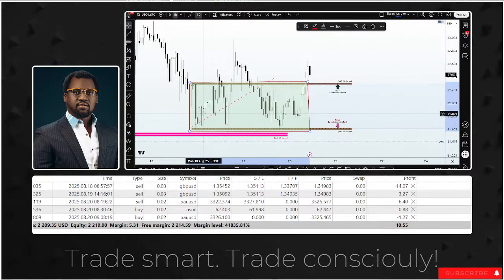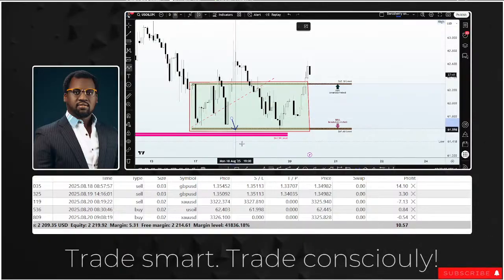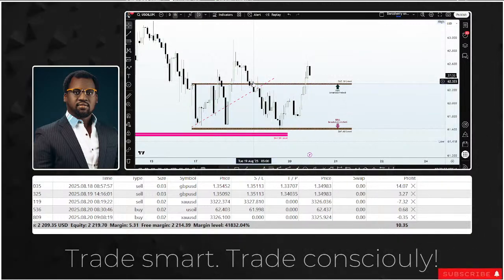And you know how we use our range bound structures in this community. As long as price remains within the range, we wait patiently for a signal to come. And the signal we usually look out for is either price breaks down the support line to give us selling ideas, or breaks out of the resistance line to give us buying ideas. And I did go on to tell us on Monday that I will be buying.